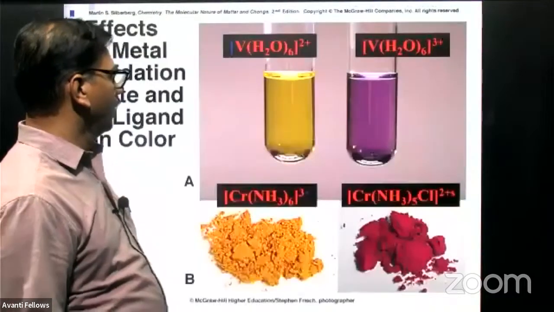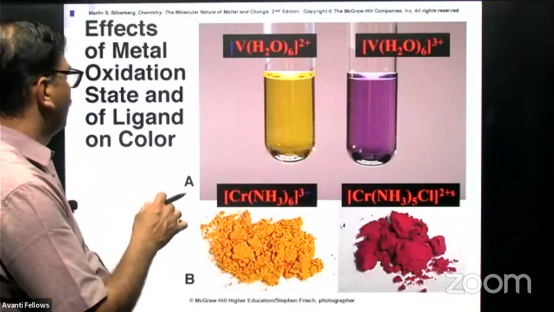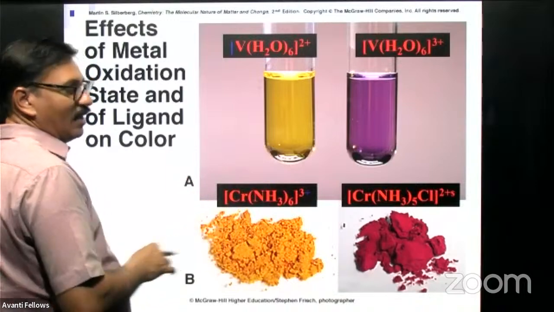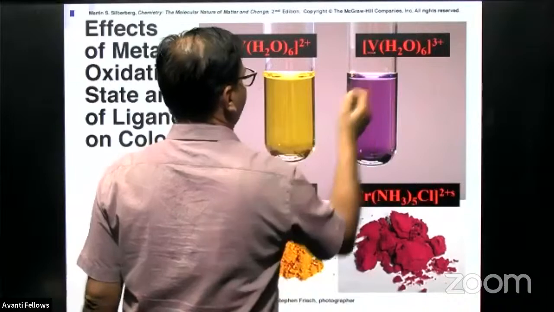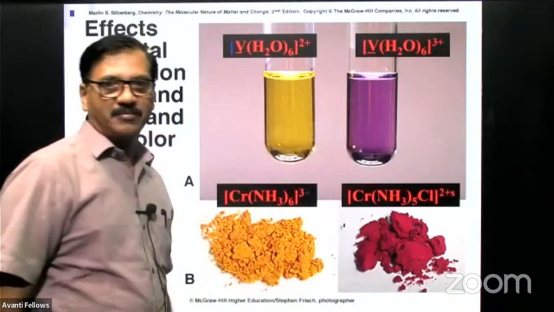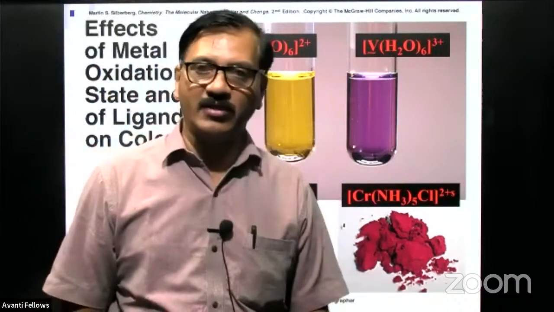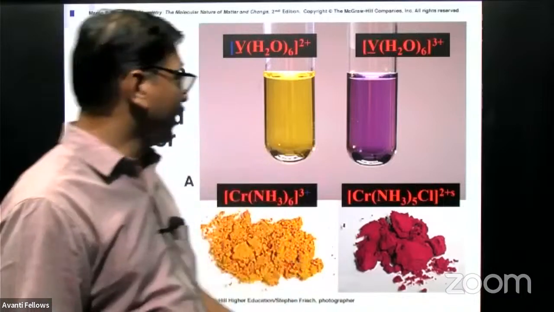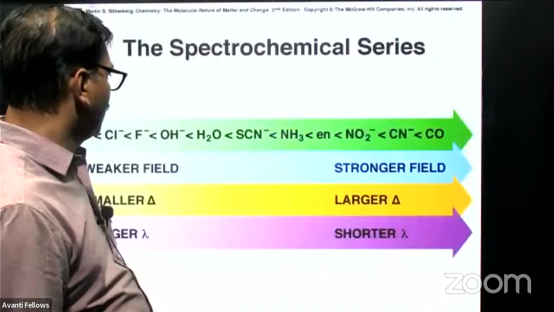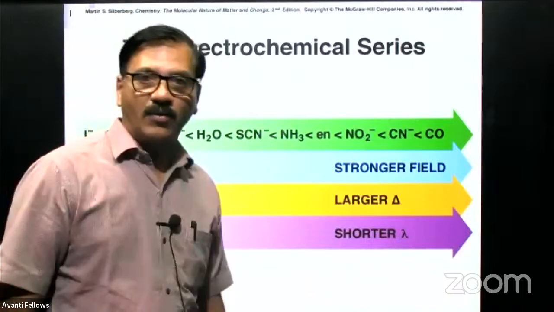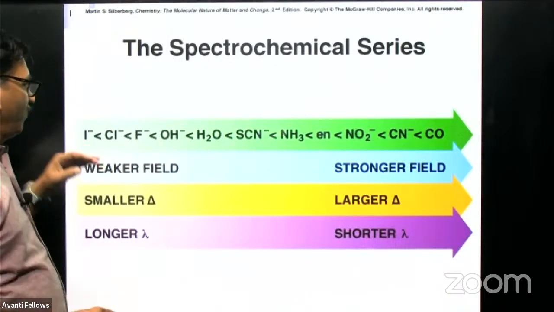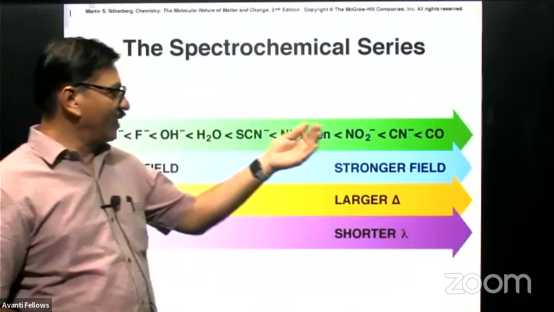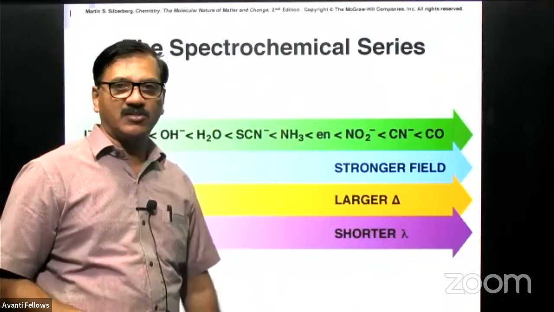So not only the approaching ligands, if the oxidation state of the metal changes, the color may also change. These are the different things that we understand from crystal field theory. So we can arrange all the ligands in the increasing order of their field strength.